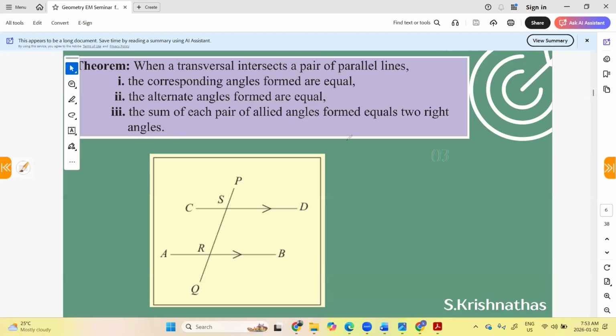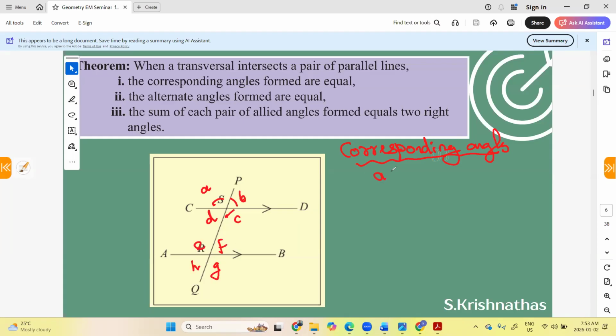That means, students, corresponding angles. Check. What are the corresponding angles? This one and this one. Shall I name them A, B, C, D, E, F, G, H?